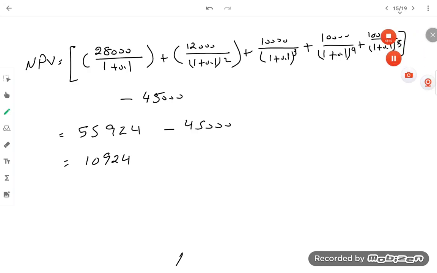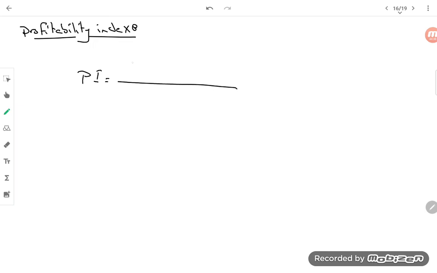Number 3 is Profitability Index. Profitability Index is calculated as the summation from t equal 1 to n of cash flows over time t, divided by 1 plus r to the power t, divided by the initial investment.